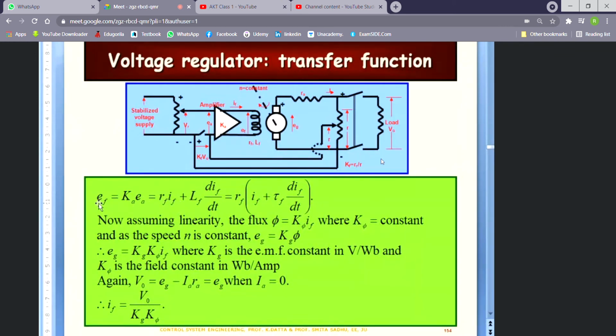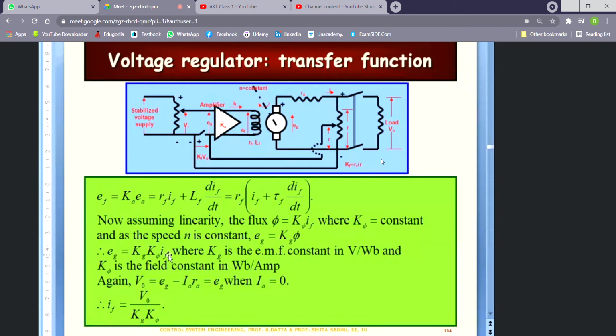Now, from this side, we have EG is equal to kg k phi IF.